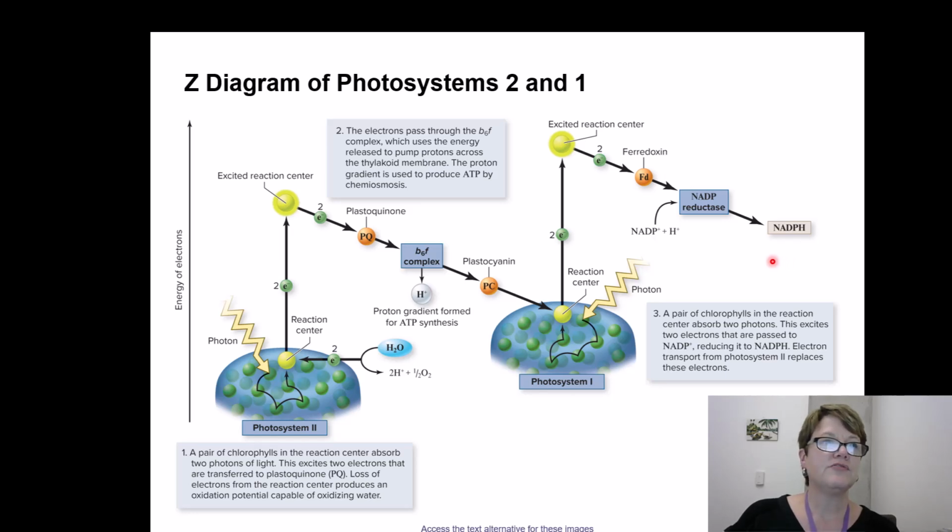Now you may be wondering why this photosystem is called photosystem 2 and this one's called photosystem 1. It turns out that the chlorophylls they have are slightly different. And it turns out that the one that is named photosystem 2 was discovered later than photosystem 1.